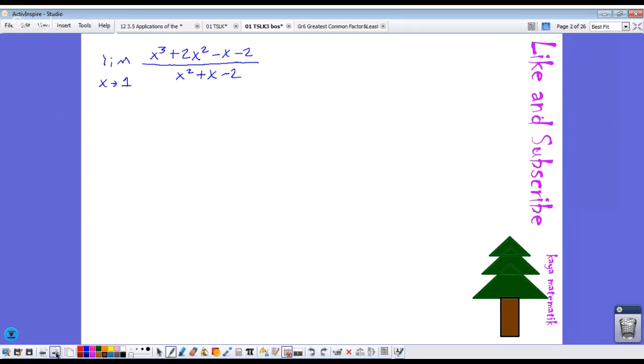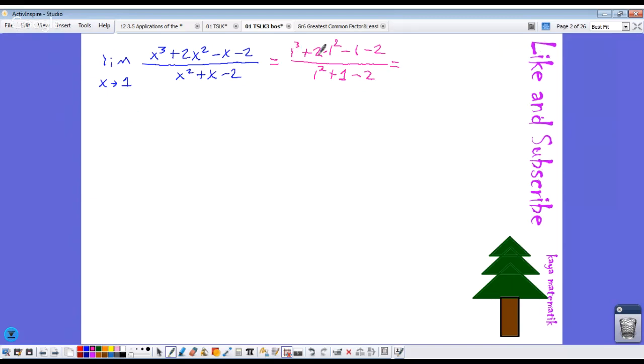So now example 2 in here. Firstly, try to put this number in the rule. Let's check that. 1 cubed plus 2 times 1 squared minus 1 minus 2, over 1 squared plus 1 minus 2.